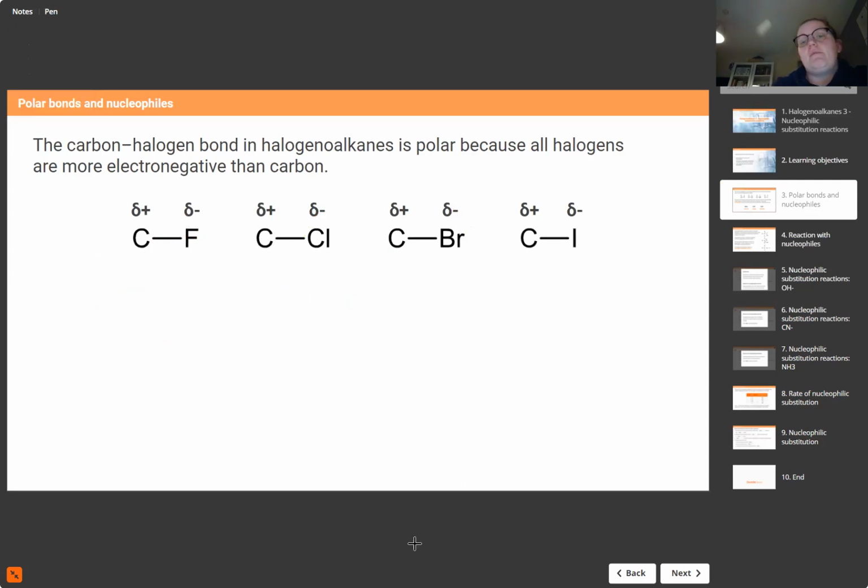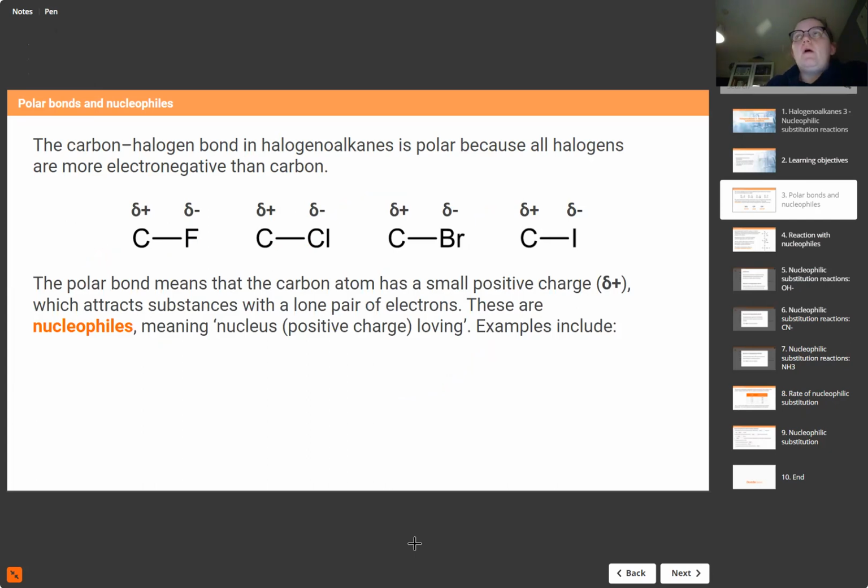It doesn't matter which halogen it is, they're all more electronegative than carbon. The polar bond means that the carbon atom has a small positive charge and it attracts substances with a lone pair of electrons.